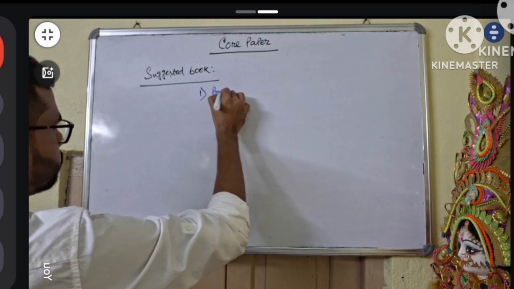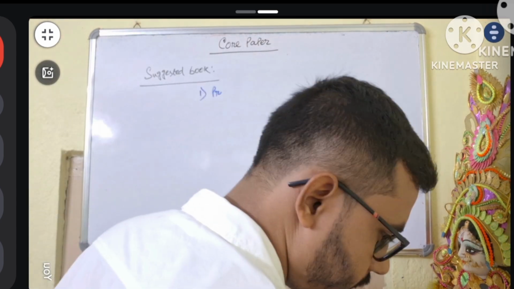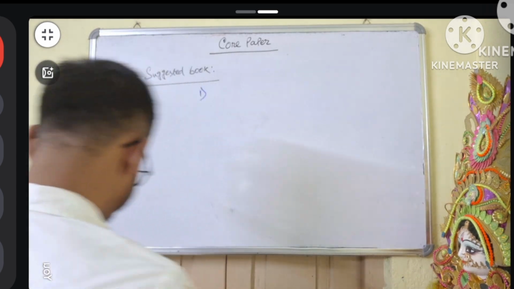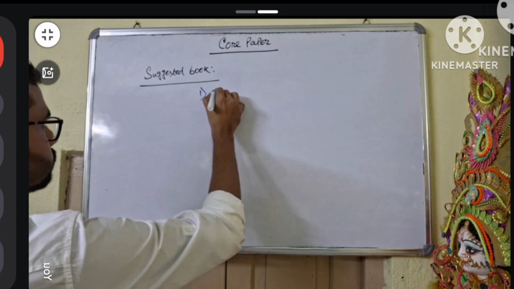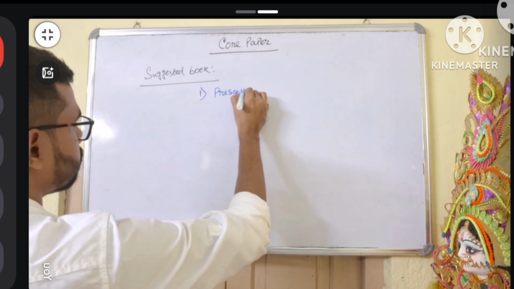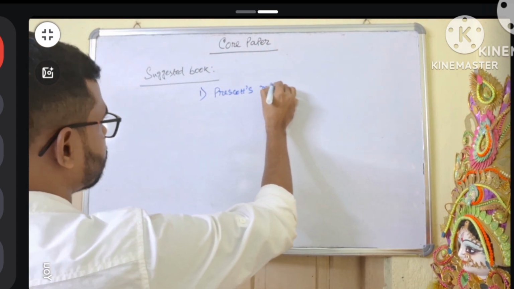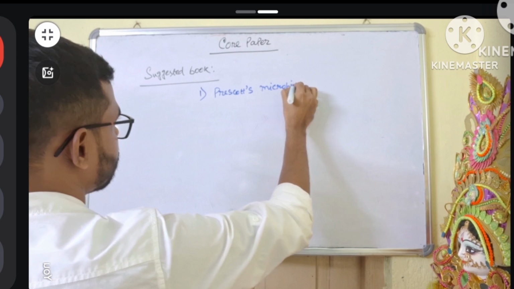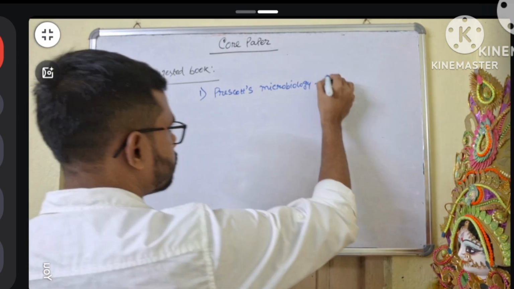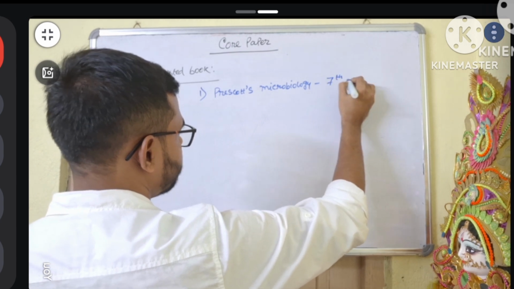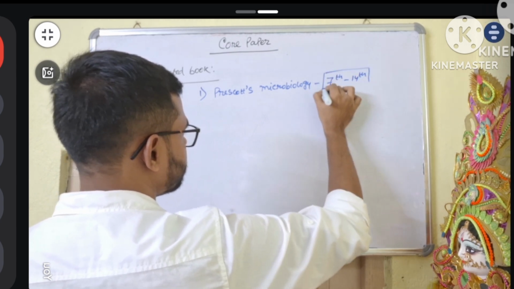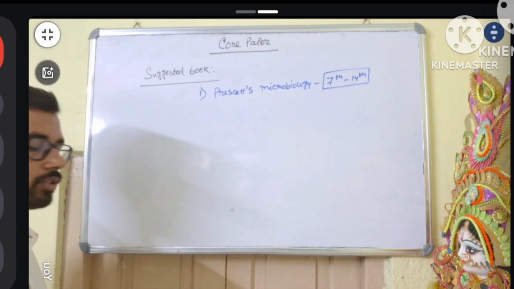Microbiology by Prescott. Prescott is the author name. The seventh is an older edition and the most recent edition is 14. You can purchase any edition from 7 to 14.